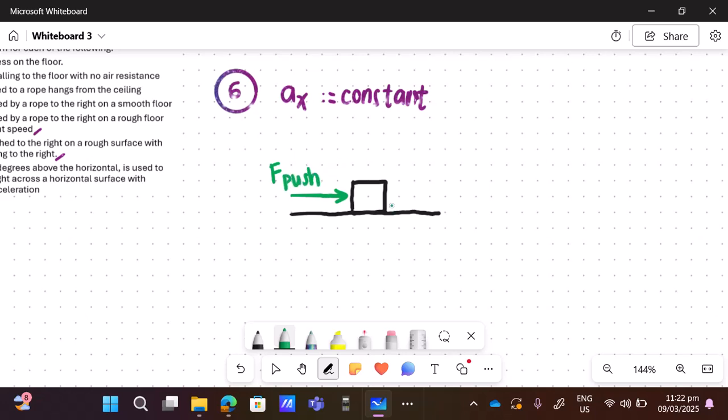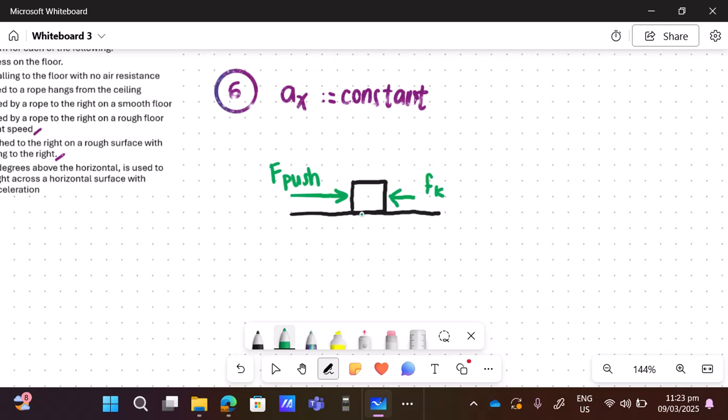And then, we have a rough surface. Meaning to say, there will be a magnitude of friction, or force by friction. And since the object is moving, this will be kinetic friction. Then the object is accelerating to the right, so net force is to the right, okay?